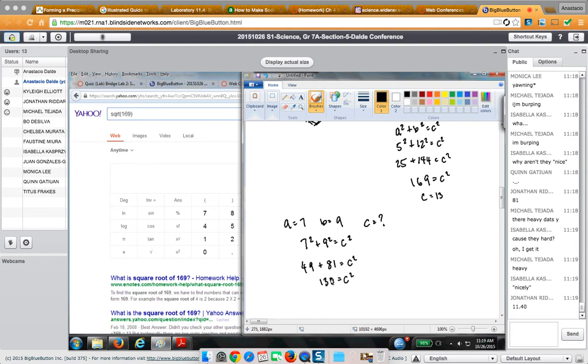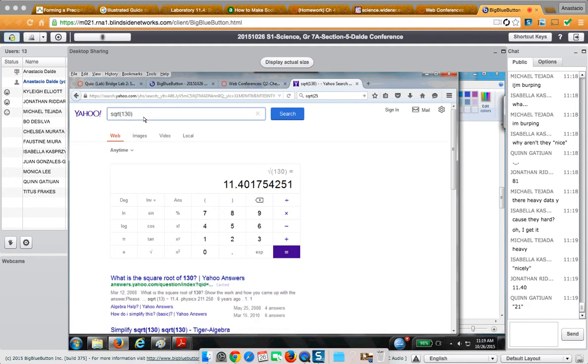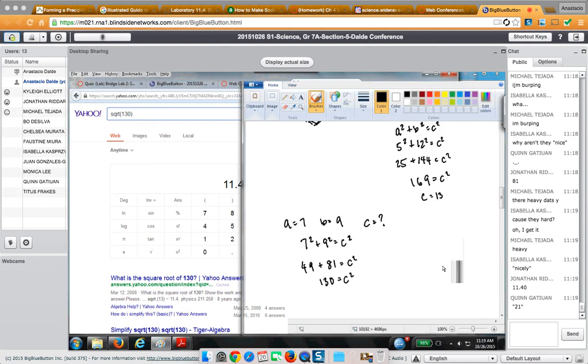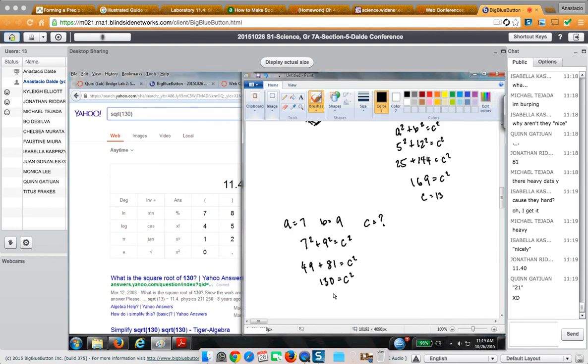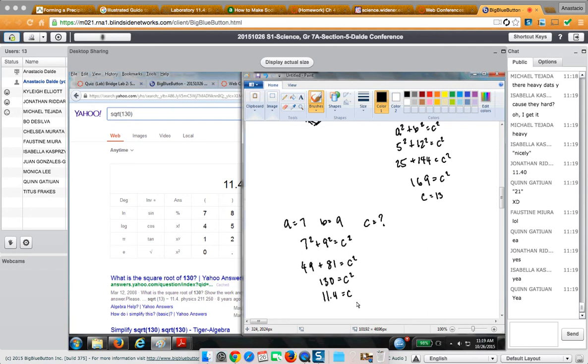Anyway, if you use the calculator and type in 130, you end up getting, as Jonathan said, 11.401754251, which really you can just write down as 11.4. We cool? And what I mean by nicely, Isabella, is this number was a solid 13. The previous number was a solid 5.